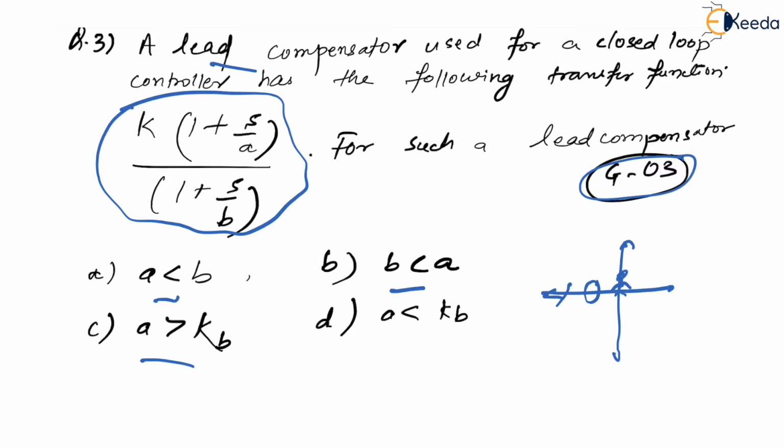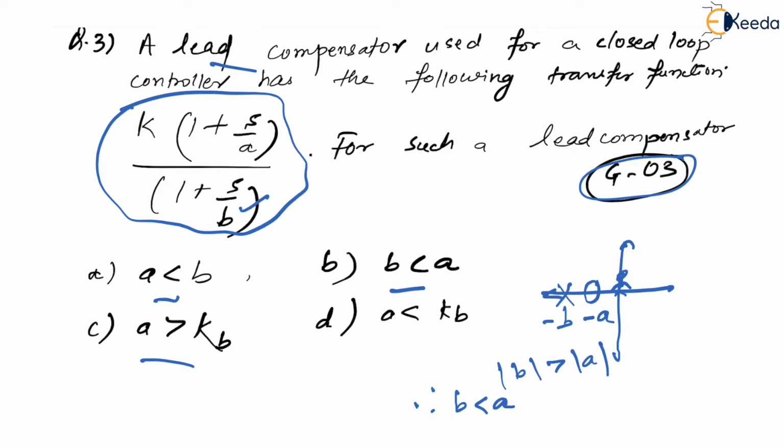And then I should find the pole. The zero is at minus A and my pole is at minus B. This means that the magnitude of B has to be greater than the magnitude of A, which means B has to be less than A.